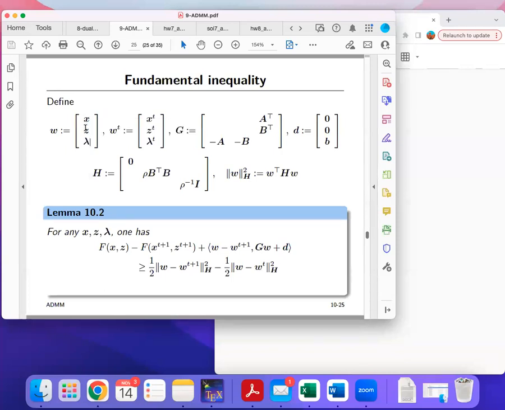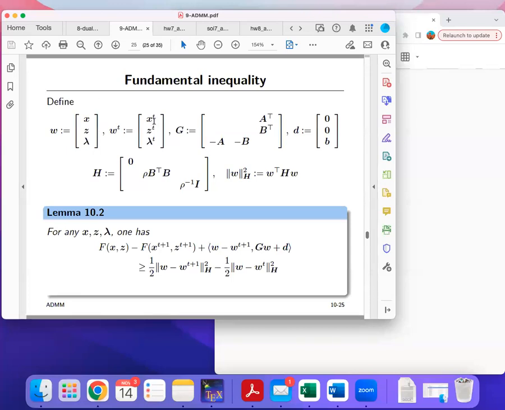We're updating x, z, and the dual variable lambda. Alternatively, therefore, in the convergence analysis, we will need to analyze these 3 parameters at the same time.